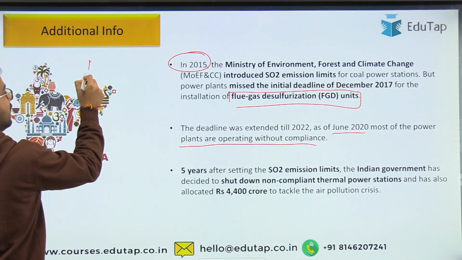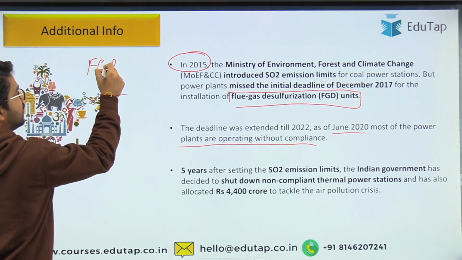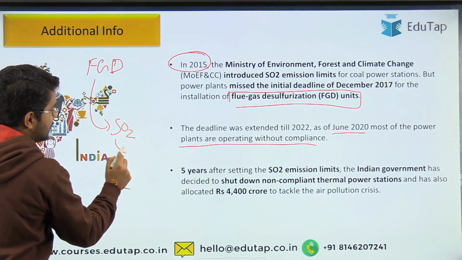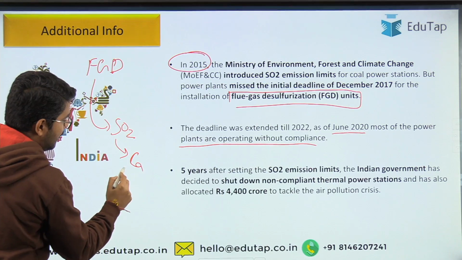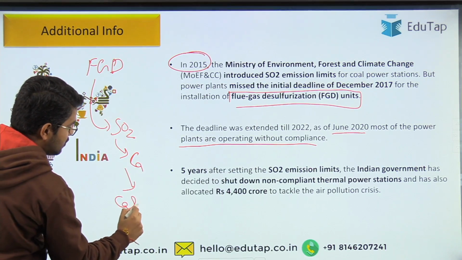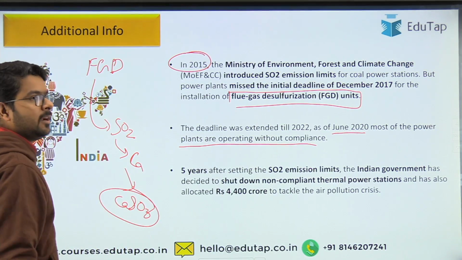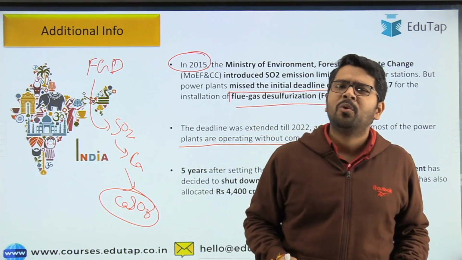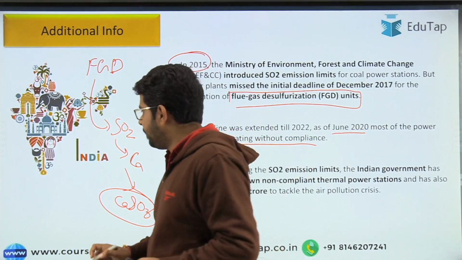Guys, in these FGD units, the released SO2 is treated with lime and they form a product, calcium sulfide, and they trap this element. This is how they trap the emission of sulfur dioxide. You do not have to go into much PhD, I just give you a rough idea.